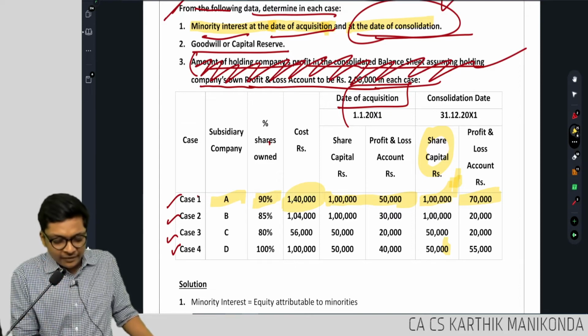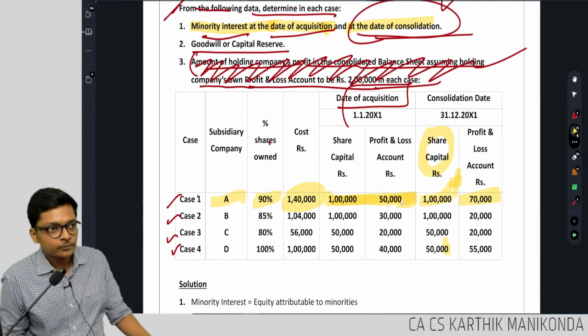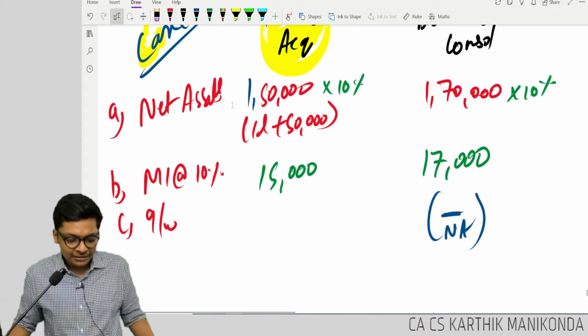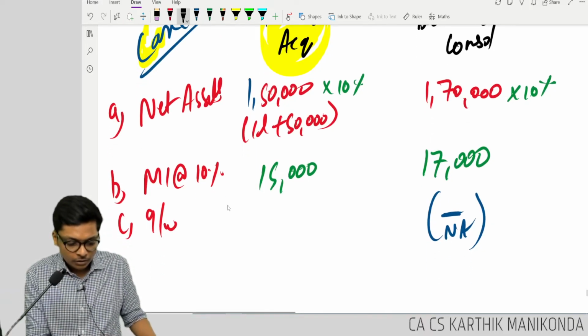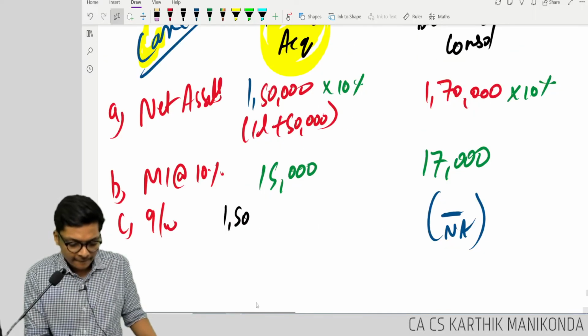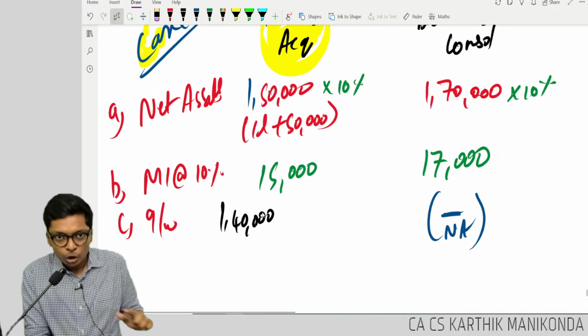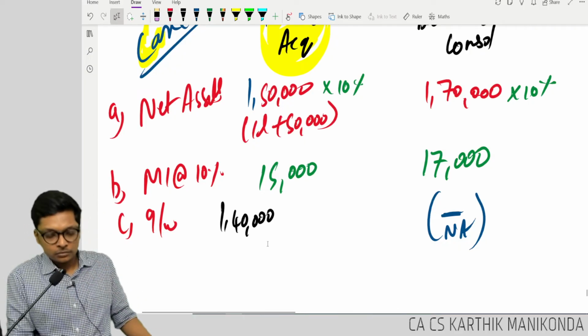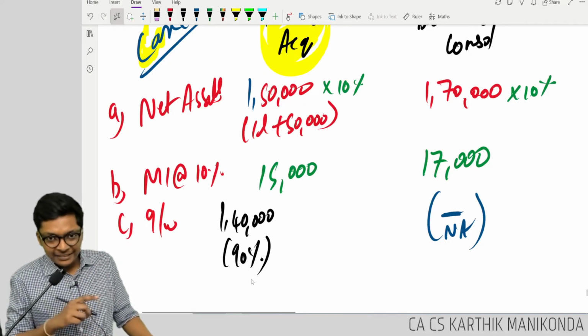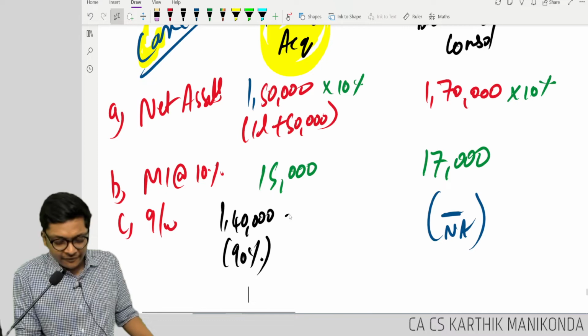How much is the company worth? 1,50,000. What I paid is 1,40,000 to get how much company share? 90%. I got 90% by paying 1,40,000.